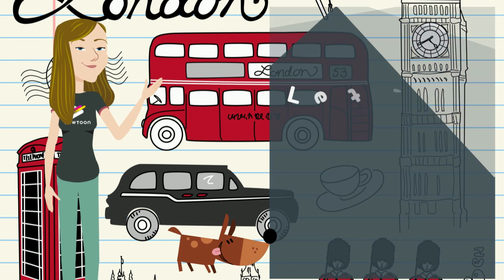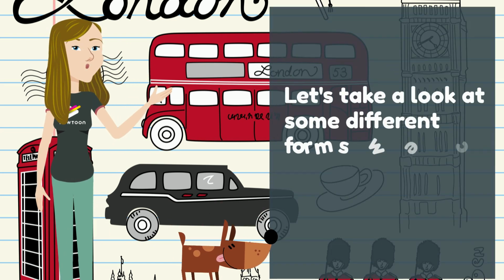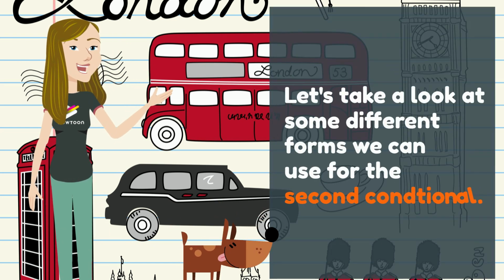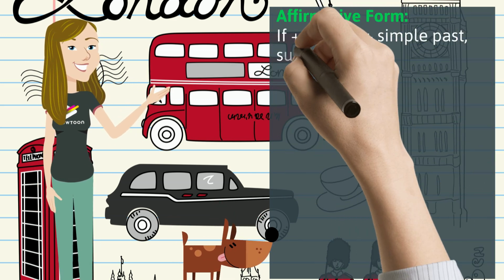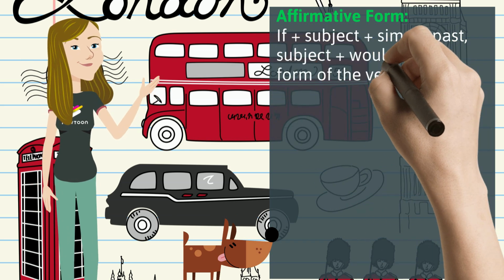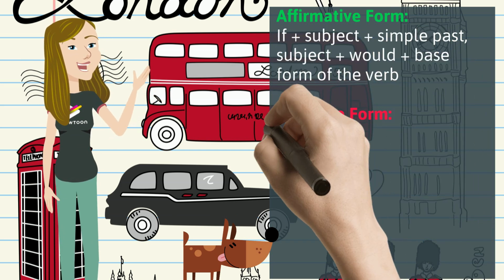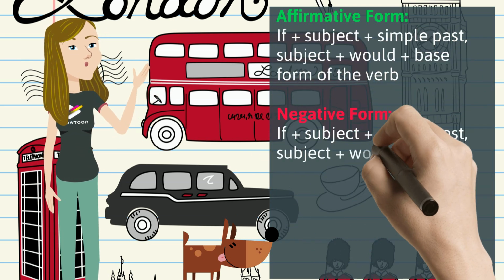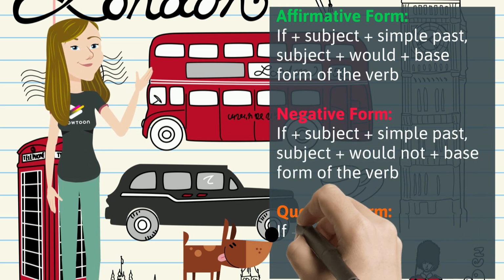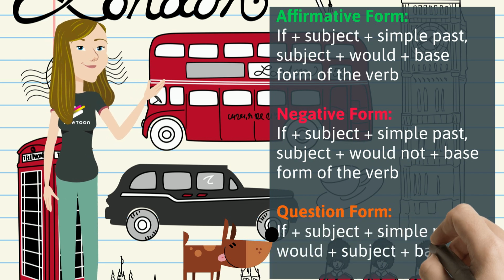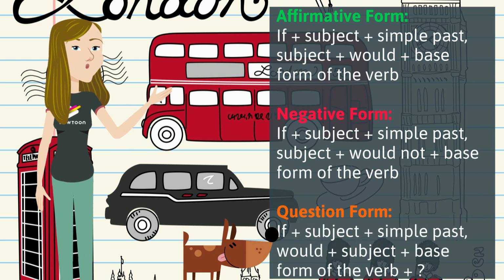Let's take a look at some different forms we can use for the second conditional. This is the structure for the affirmative form. If, then the subject, then the simple past, followed by subject, would, and finally the base form of the verb. On to the negative form.